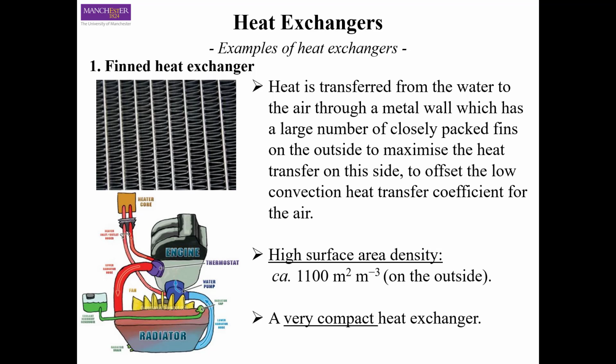We know the design equation for heat exchangers, like we discussed in the previous part: for heat exchange across a surface, Q is equal to UA delta T. So A is the surface area of the exchanger. By making these fin tubes, we can increase the surface area, and by doing that, we can increase the rate of heat transfer.